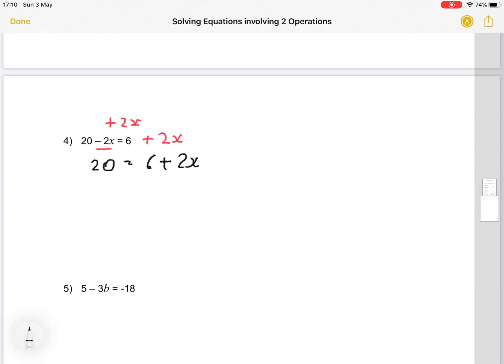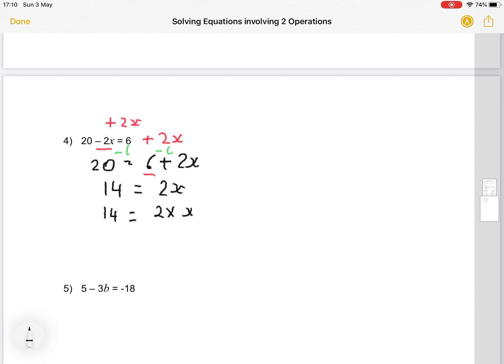We need to end up with an x, so we must remove the positive 6 now. The opposite of positive 6 is negative 6 on the left and negative 6 on the right. So 20 minus 6, it's 14, is equal, on the right hand side, to 2x. Now 2x means 2 times x.